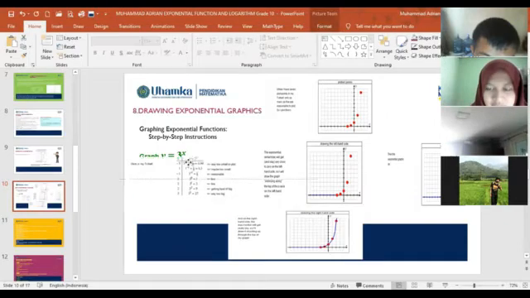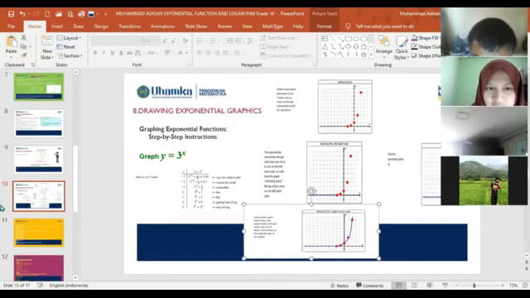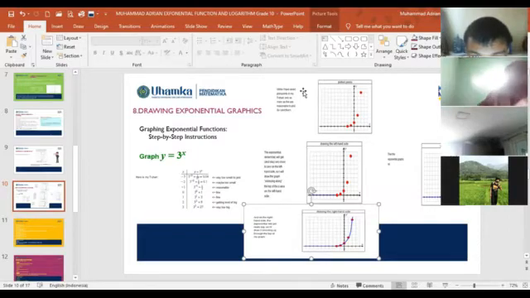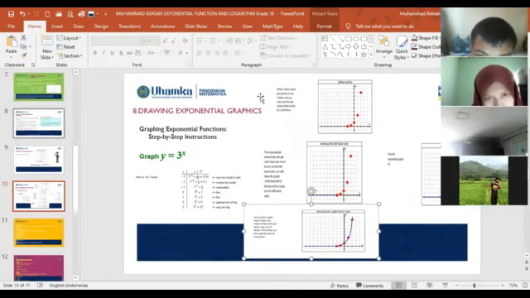When plotting points, you only need as many as five or so to be reasonable, so I plot them.